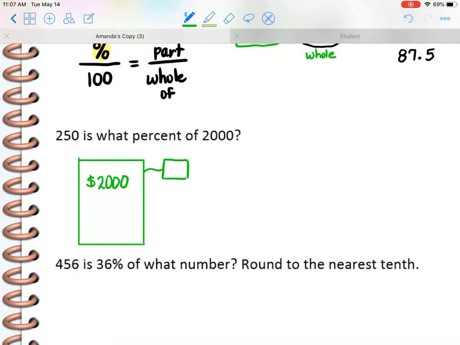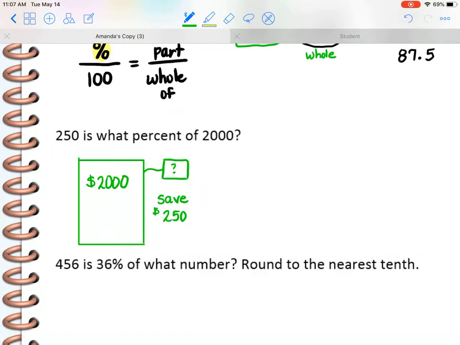Is there a 35% off on this one? And she says, no, I can't give you 35%, but I can let you save $250. So we need to figure out what that percentage is. And that's what this particular problem is saying.